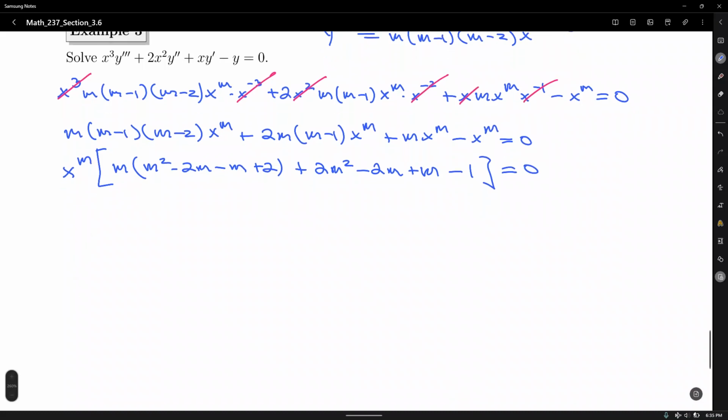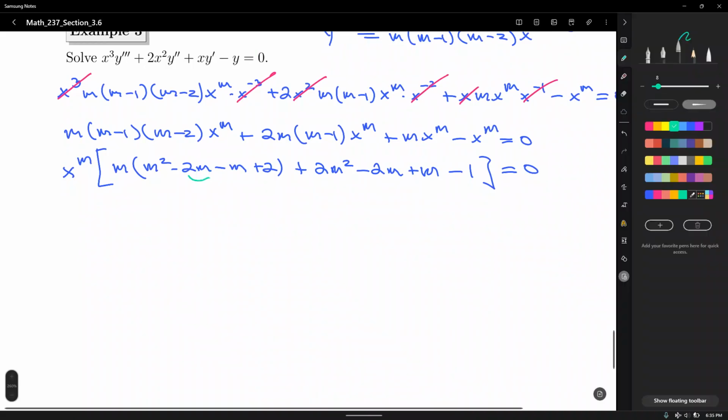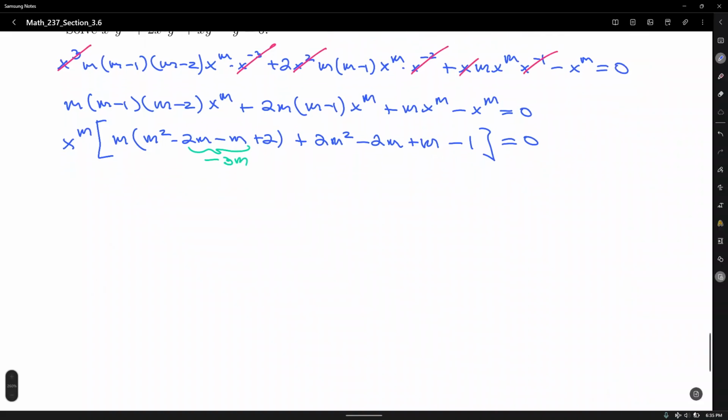All right. So this negative 2m minus m will be negative 3m, and I'm going to distribute the m over the three terms right here. I don't want to write the entire equation. I think you can easily see what's going on here.